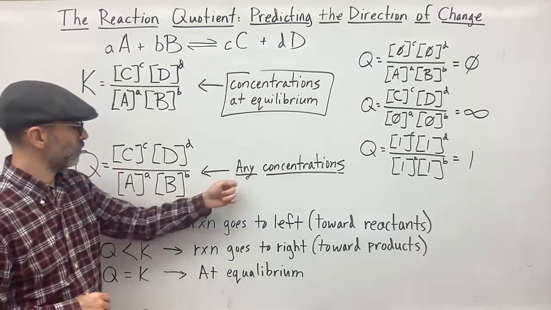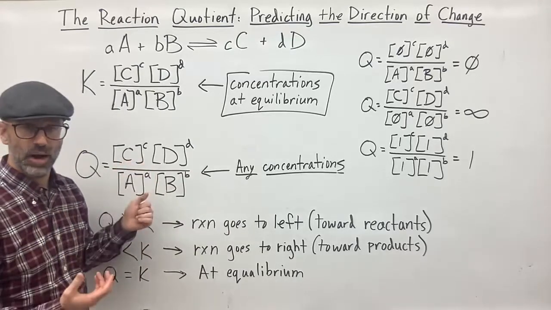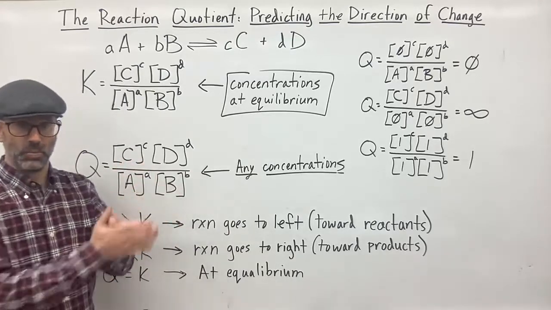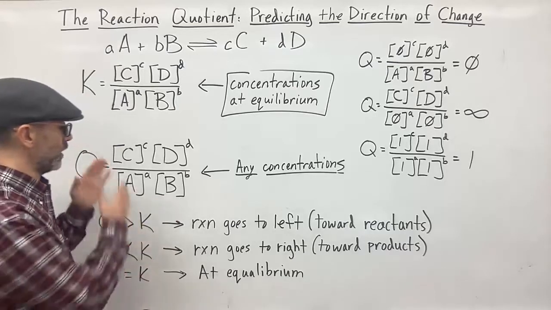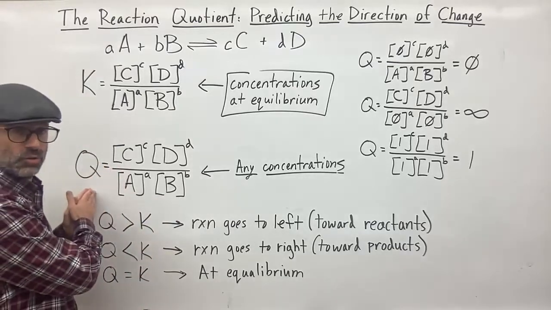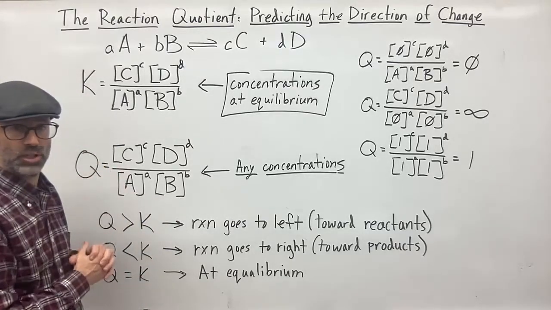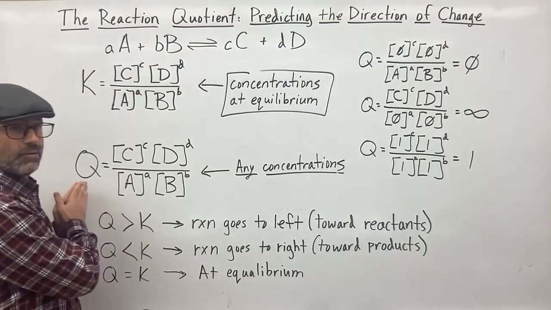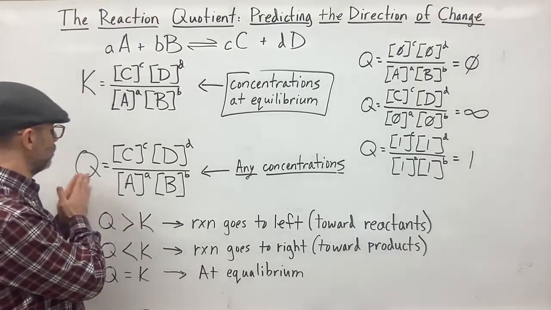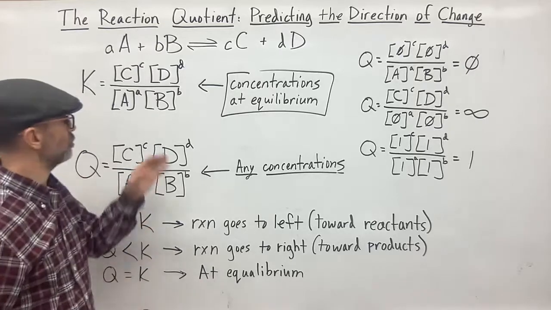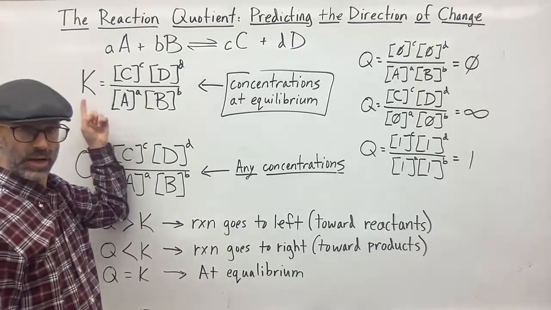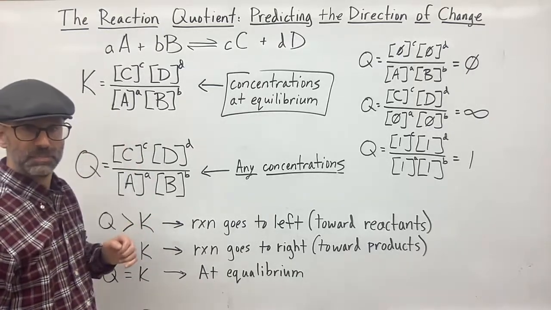So what you do is you put in the concentrations that you have at particular points during the reaction, and you see what your reaction quotient is. Then once you have your reaction quotient, you can compare that to your equilibrium constant.